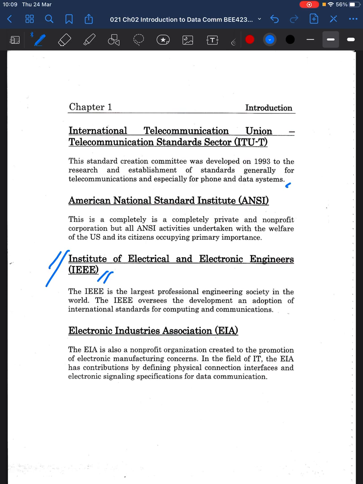Next is the Electronic Industries Association. The EIA is also a non-profit organization created for the promotion of electronic manufacturing concerns. In the field of IT, the EIA has contributed by defining physical connection interfaces and electronic signaling specifications for data communication.